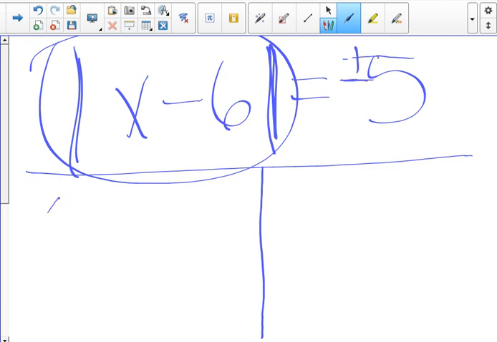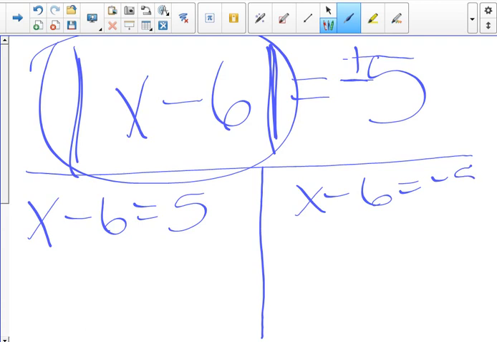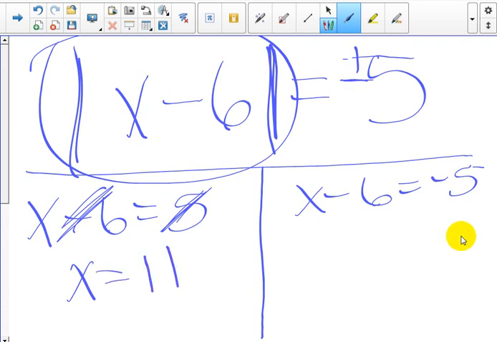So x minus 6 equals 5, and x minus 6 equals negative 5. Add 6 to each side, and we get x equals 11. So there's one answer, possibly.